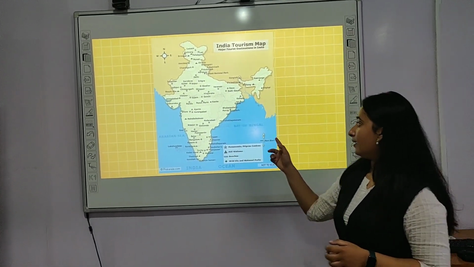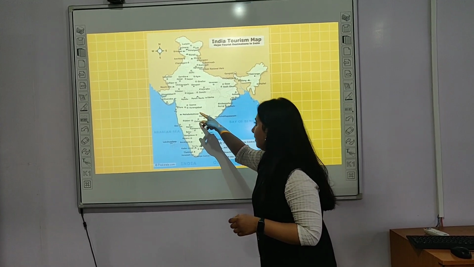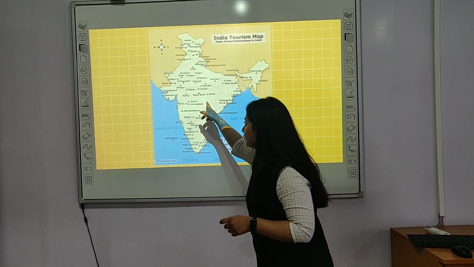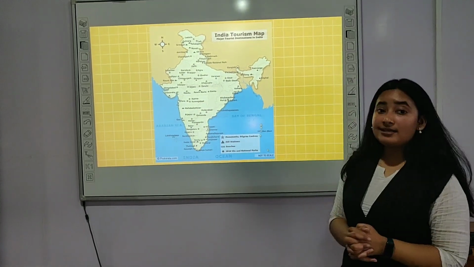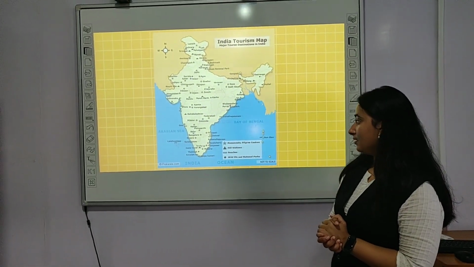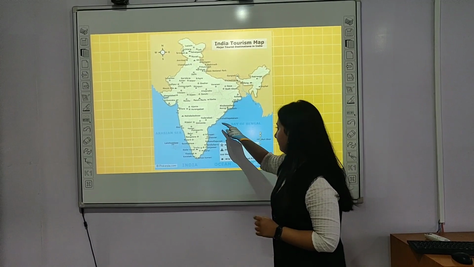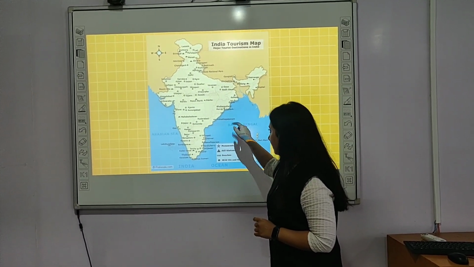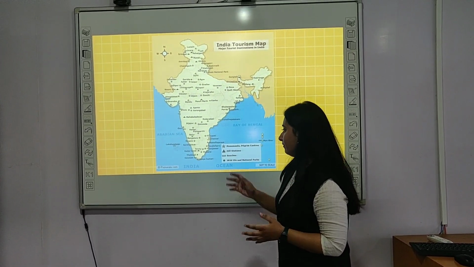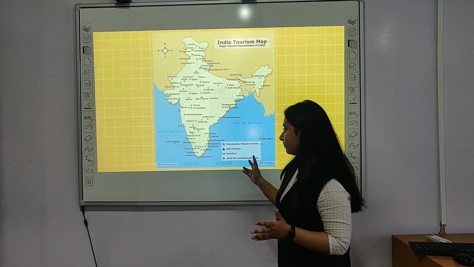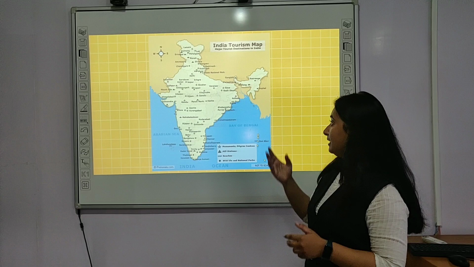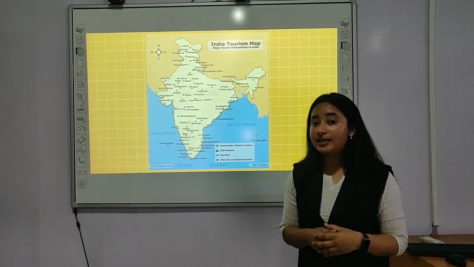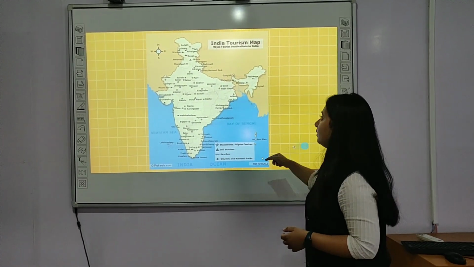So here we can easily identify Panchmarhi and Mount Abu. Can you identify some beaches? As you can see here, the beach of Vishakhapatnam is very easily visible. And where are the other beaches? You can also see Kovalam beach over here. So this is how you can identify places in a tourist map.